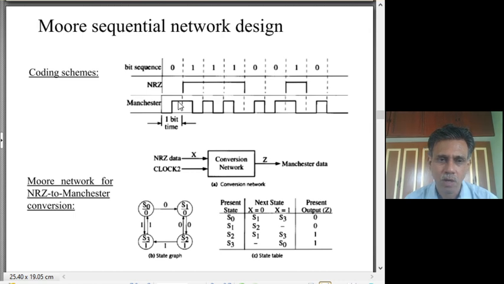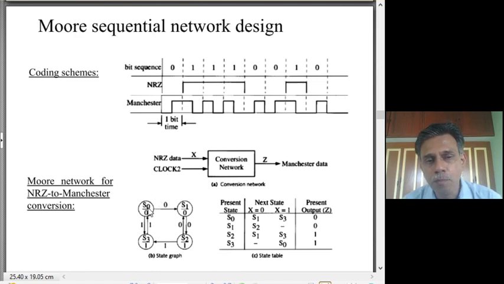One we will call S0 and put a 0. It's a Moore design, so you output a 0, telling that you have converted a bit and are ready to convert a new bit, but you are in a state where you have produced a 0. Or you are in the state where you have finished a bit conversion, are ready for the next bit conversion, but you have outputted a 1. These are the two initial states.